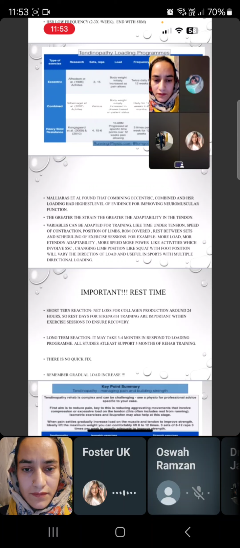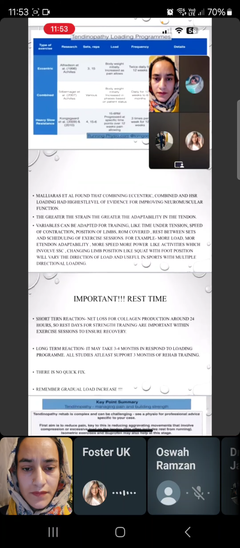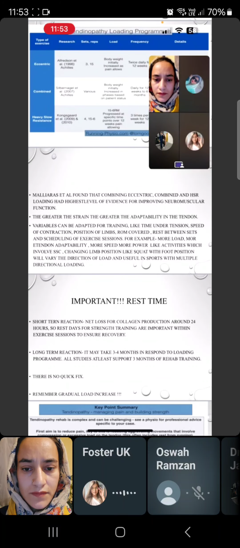Okay. Variables can be adapted. Different variables, now the physiotherapist's skills come in, and what the patient's goals are. If their job or their sport involves more speed, they're going to need more agility, like running. They're going to add the ballistic component, adding more speed into it.